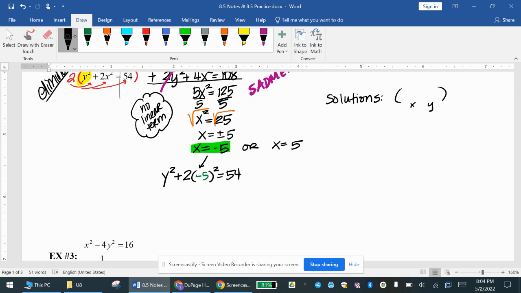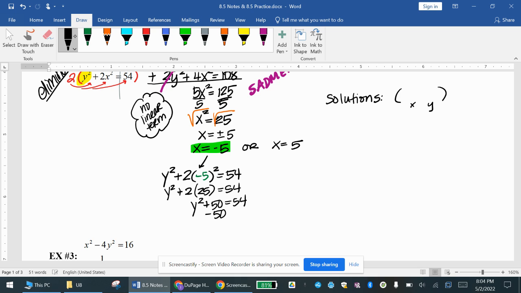Order of operations, guys, don't forget, you need to find out what -5 squared is first. So that's 25. And 25 times 2 is 50. A lot of algebra here, guys. Do you see? Tons and tons of algebra skills we're using here. Then you want to solve for y.